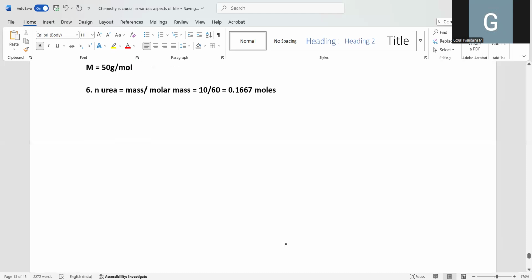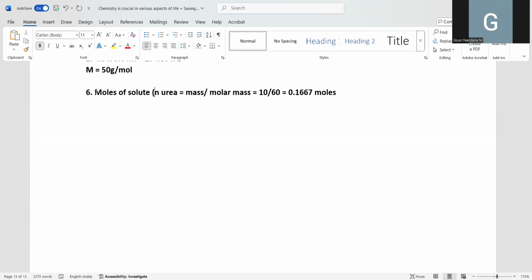Now we need to find the moles of solvent. Moles of solute, and the solute here is urea.